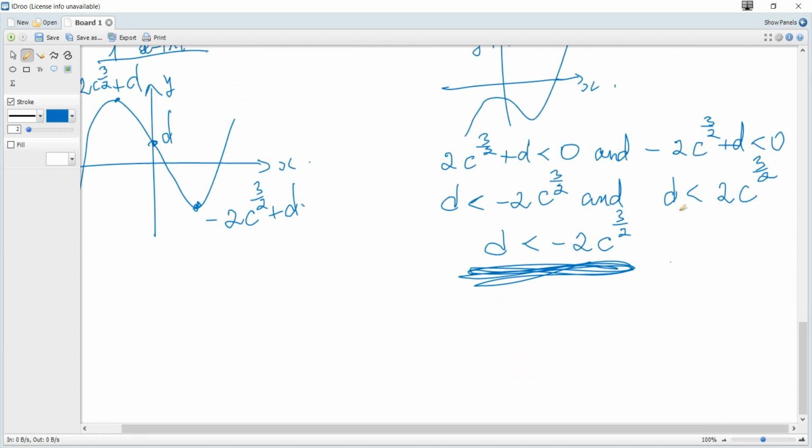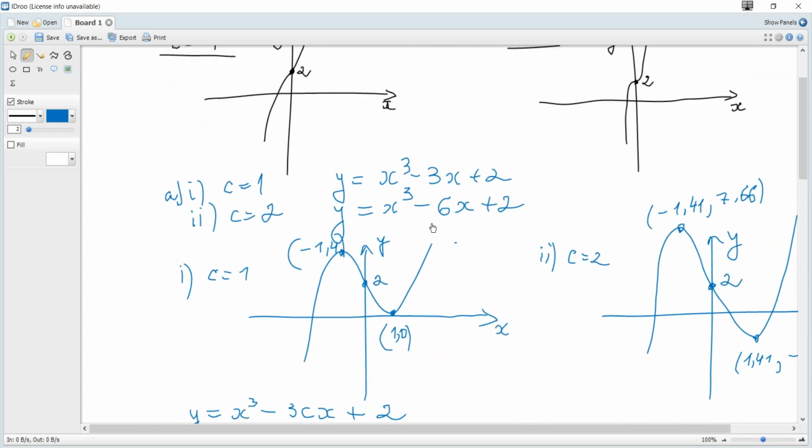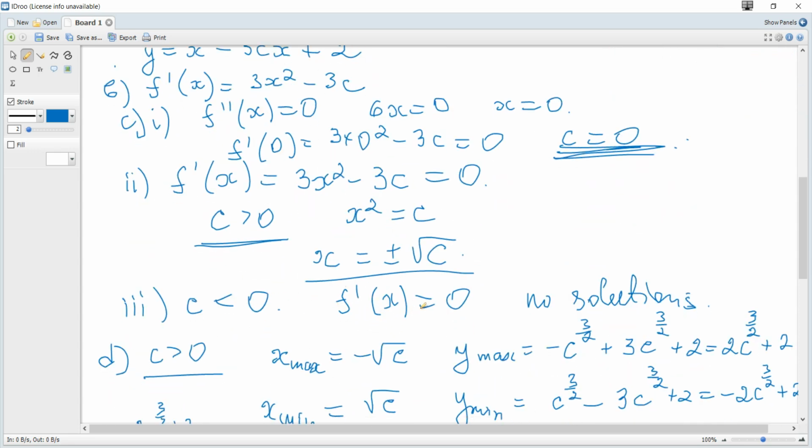And actually c must be greater than 0, to have a maximum and minimum, because it's absolutely the same situation, and when c is less than 0, there are no maximum or minimum.